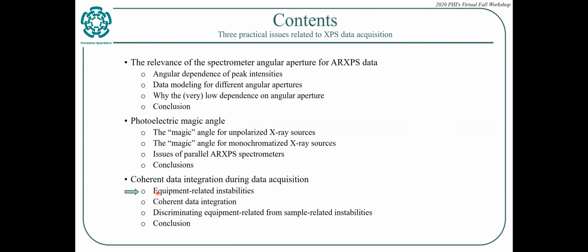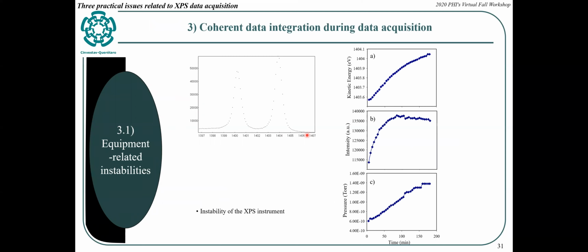So what do I mean by equipment-related instabilities? When we bought the equipment, the monochromator in 2009, we found that when we turn on the spectrometer and on the X-ray beam, we have a change in time.